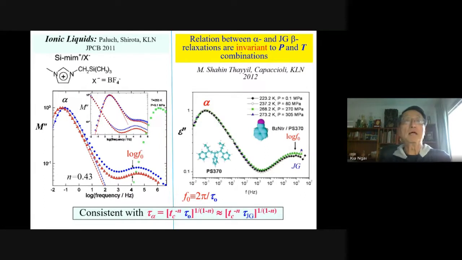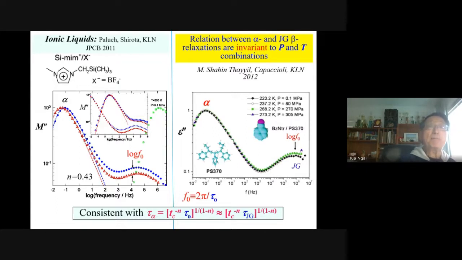So this is no surprise, and there are many more experiments done by other groups, including one by Marian Paluch's group there. And the left side is the one I did with Marian, using this room temperature ionic liquid.